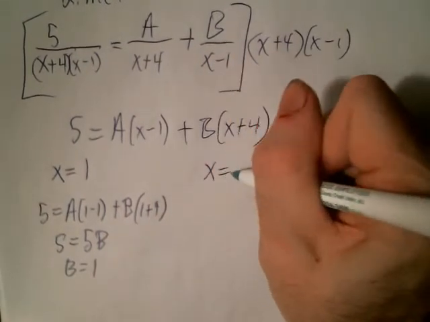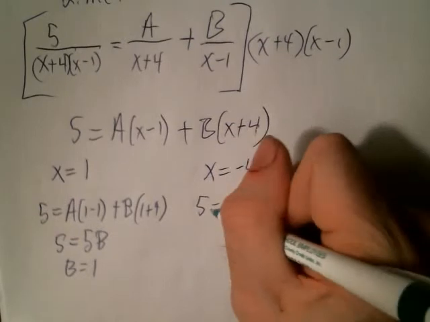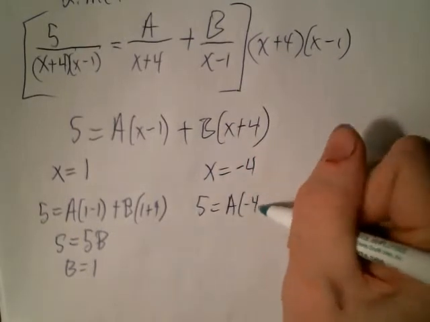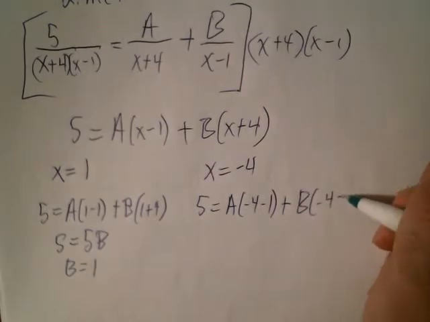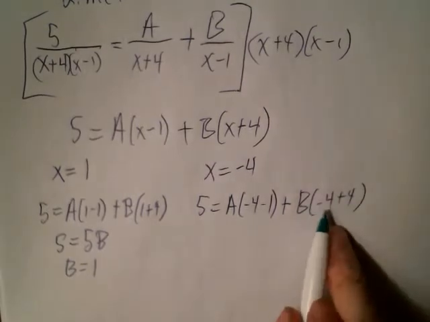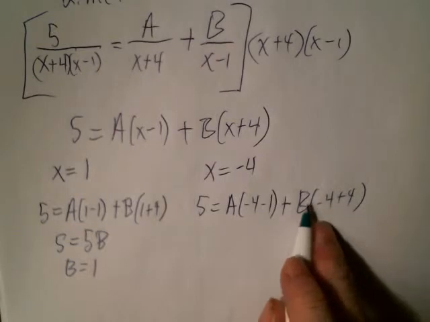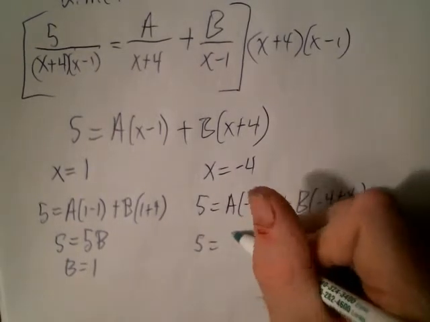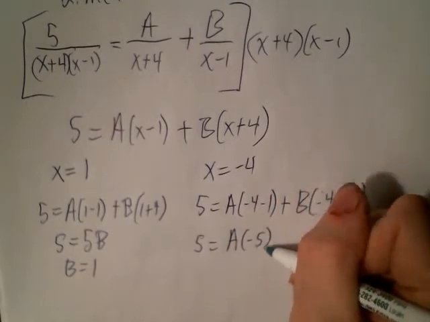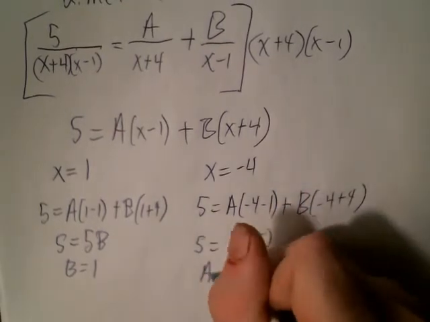If you let x equal -4, then you have 5 equals A times -4 minus 1, and then plus B times -4 plus 4. This time, -4 plus 4 is 0. B times 0 is 0. The B goes away, and you're left with an equation in terms of A. Divide both sides by -5, and A is -1.